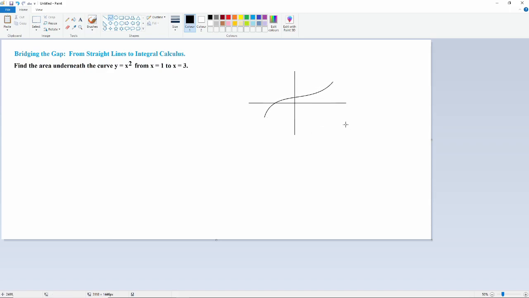There we go. That's a curve. And we want to get the area under the curve from, well, we could say any arbitrary point. Let's say from here to here.